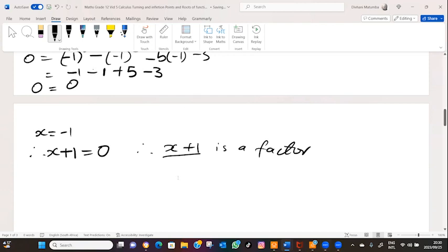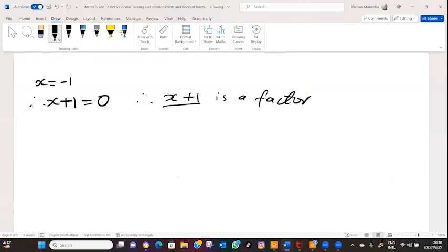Now, we want to solve for the remaining roots. As we know, we have x plus 1 as one of the factors. We're gonna use a long division method to calculate the other roots.